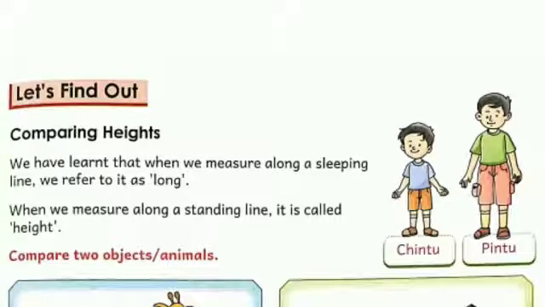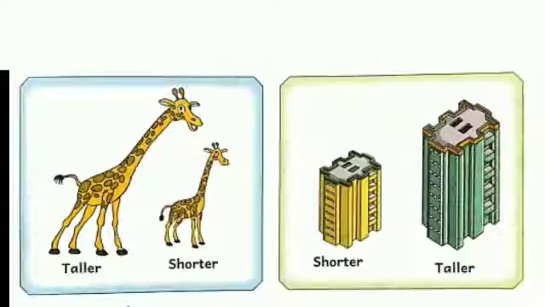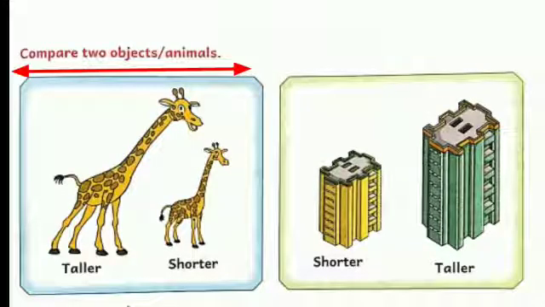Students, when we refer to the height of any person or thing, we use the words tall and short. For example, when we refer to the height of these boys, we can say Chintu is short and Pintu is tall. Compare two objects or animals.